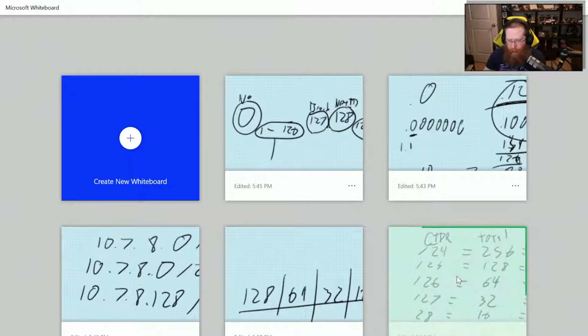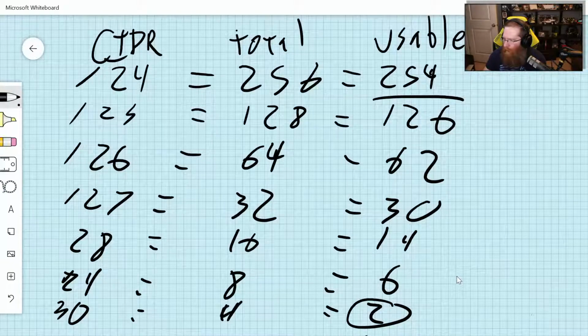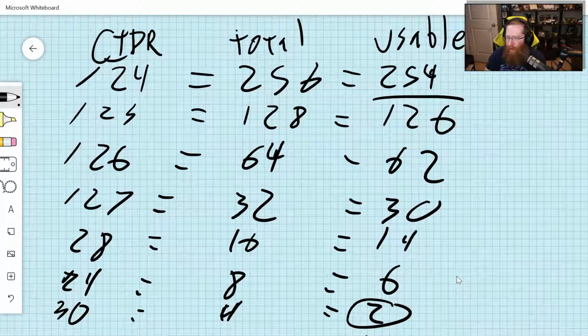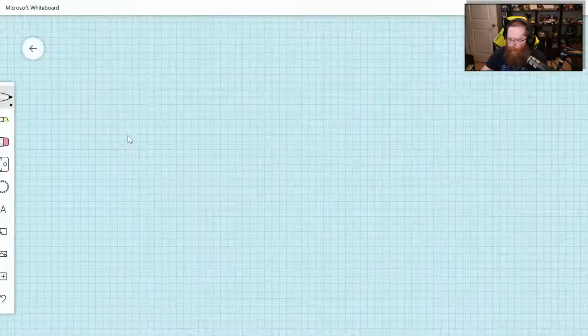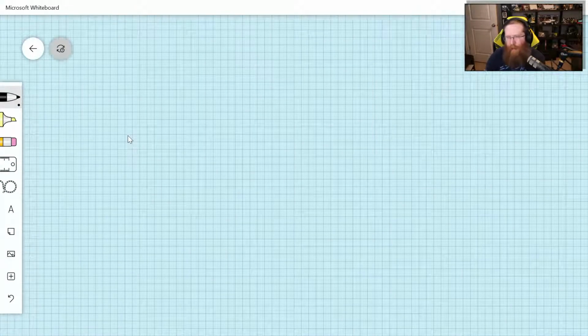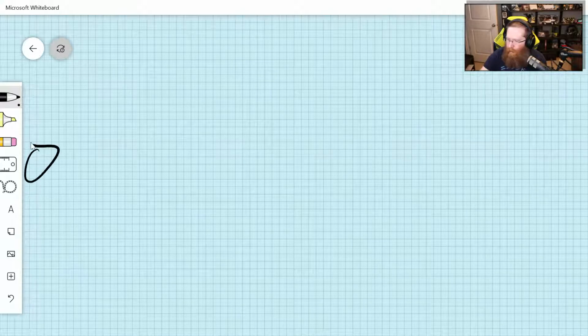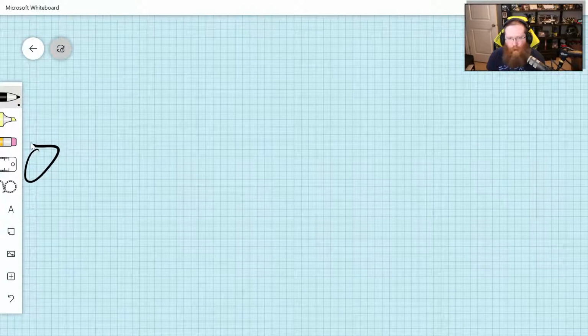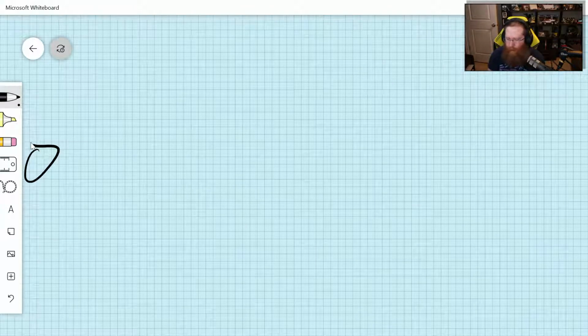Let's bring it back up. So basically, we refer back to this chart and remember, whatever our network is, that's how many breaks we need into it. So I'm going to do something with 32 this time. I'm going to build the network in a different direction. So I have a 0 and I'm saying, okay, I want to break this into 32 total IP addresses per network.